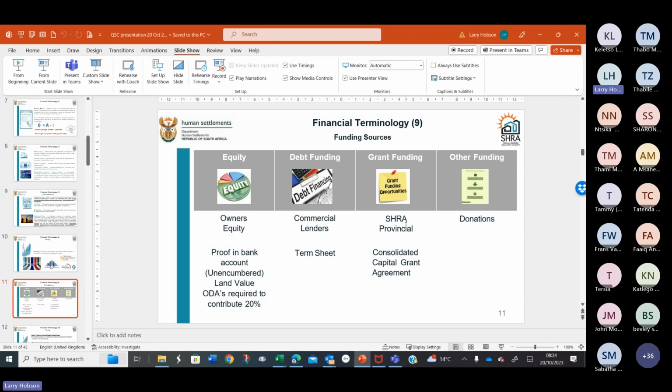Grant funding, that's now called the Capital Consolidated Grant, which is administered by the SHRA, and there are two components to it. One is the Restructuring Capital Grant, and one is the Provincial Top-Up Subsidy.